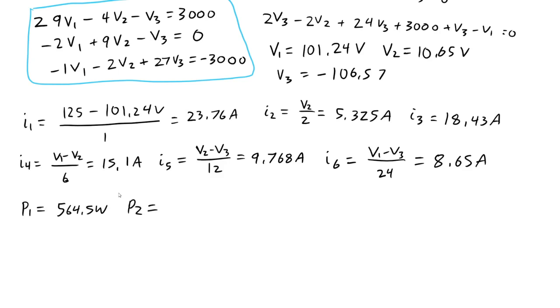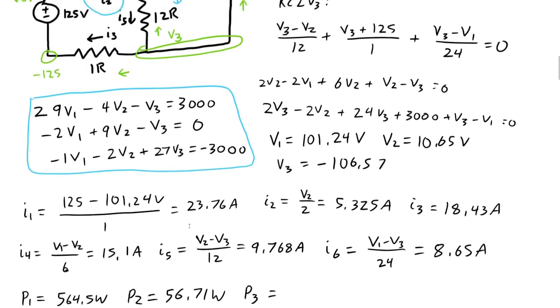Power 2, we're going to do I squared R again. 5.325 squared times 2 is 56.71. P3, I squared R, 18.43 times, what's the value of R3? I think R3 is a 1 ohm resistor.